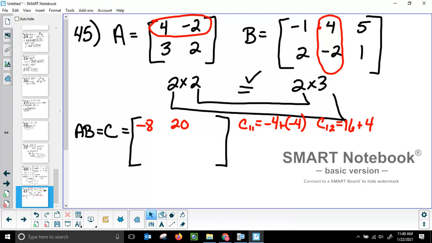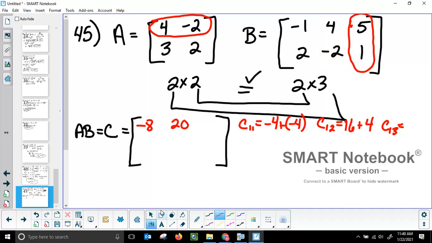Right, now I'm looking for C13, so that's going to be first row, third column, and I'm going to get 20 plus -2, which is 18. All right, C21.